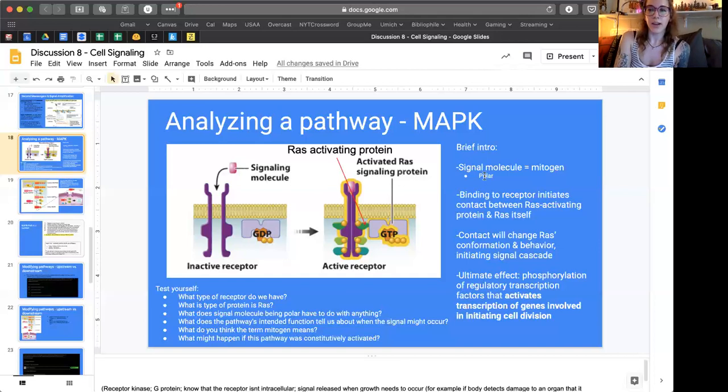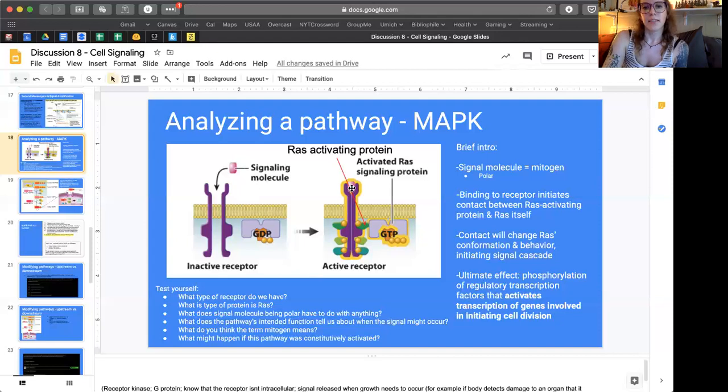So we know that they're not going to be able to utilize intracellular receptors because they're not going to be able to cross that membrane on their own. And sure enough, we can see that in this graphic. Hopefully you can tell that this is going to be a receptor kinase because we have these two units that are going to dimerize and catalyze a reaction, which we'll talk about. But essentially, this signaling molecule is going to bind, causing this activation to occur.